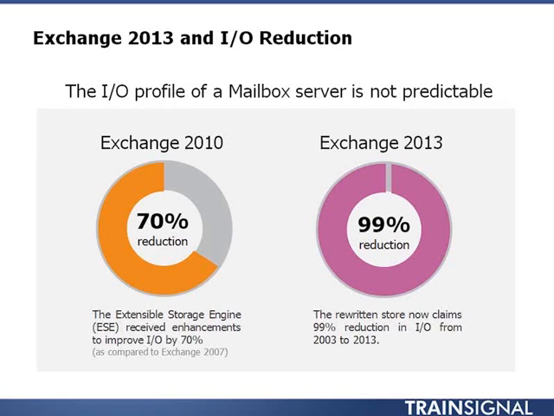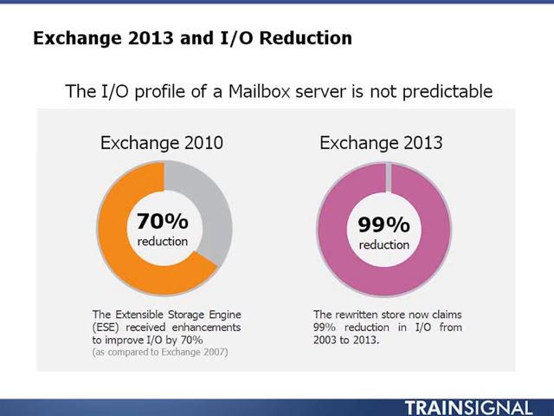Well, it means much better support for multiple databases per volume or drive. It means JBOD, or just a bunch of disks, support is improved further from what we saw with 2007 and 2010. And so what that means is that you can get a lot more performance out of Exchange without having to spend a tremendous amount of money on high performance disks.